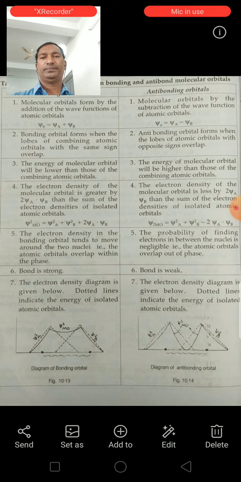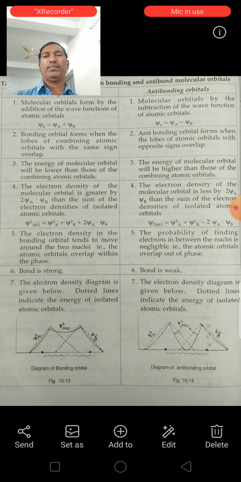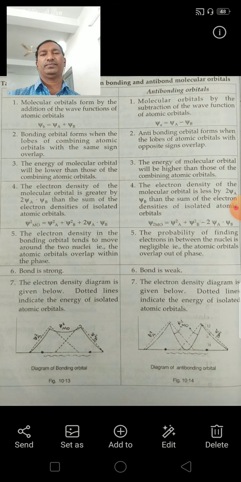Third point: the energy of the bonding molecular orbital will be lower than those of the combining atomic orbitals. So the bonding molecular orbital energy will be less than the atomic orbitals.